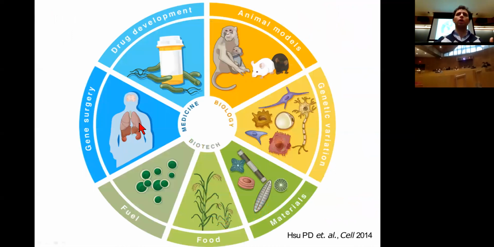And we focused a lot on gene surgery. That's what the popular press has focused on, being able to cure diseases by going into either the germline or somatic tissues and changing genes.